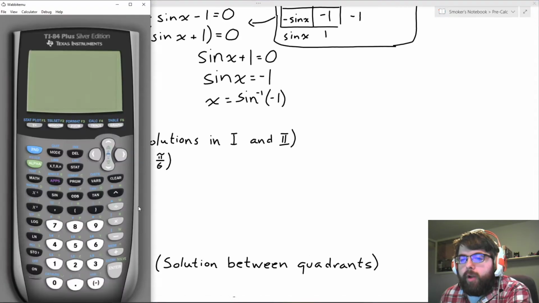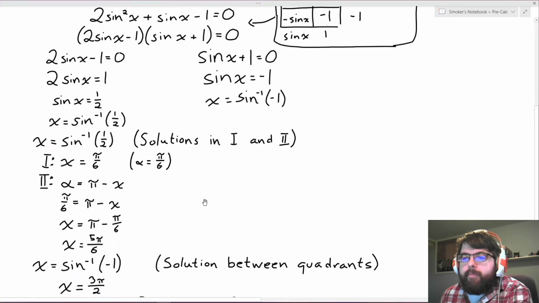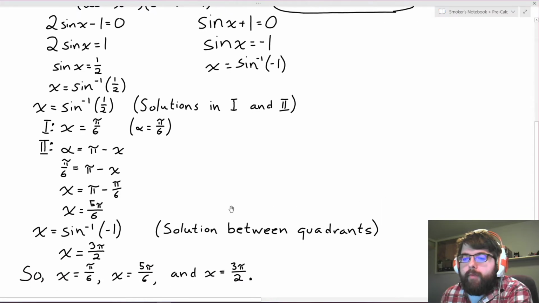If you didn't realize the exact for that, because you did it on your calculator, it's a decimal value. Oh, actually, it's going to give you the negative, so I have to add 2 pi to that to find the coterminal. Get that, and that is 3 pi divided by 2. Okay, so your three answers are pi over 6, 5 pi over 6, and 3 pi over 2.